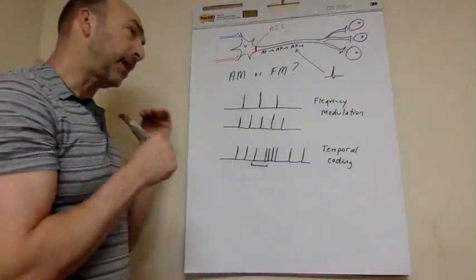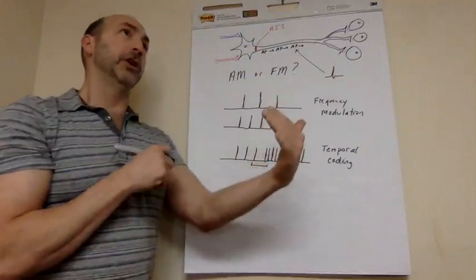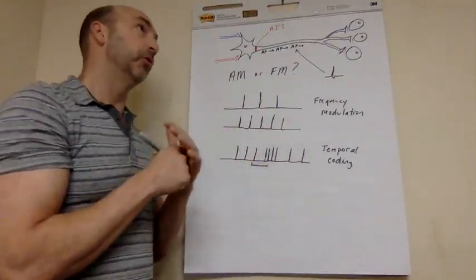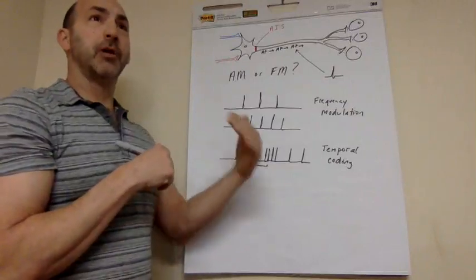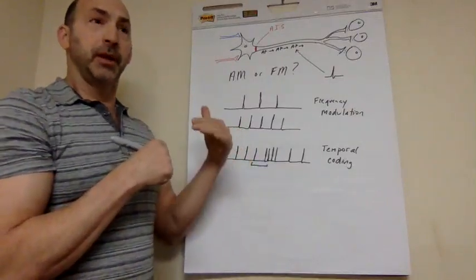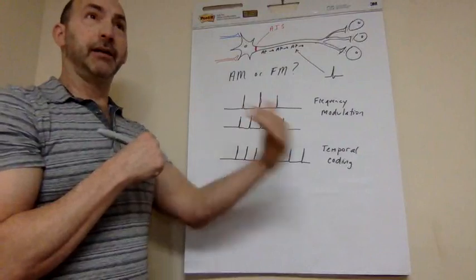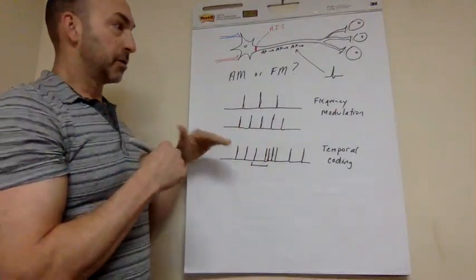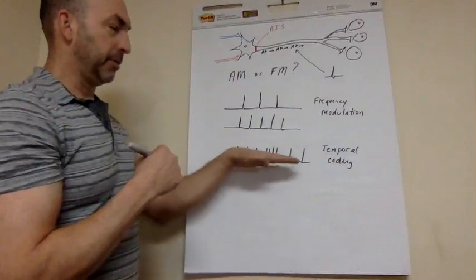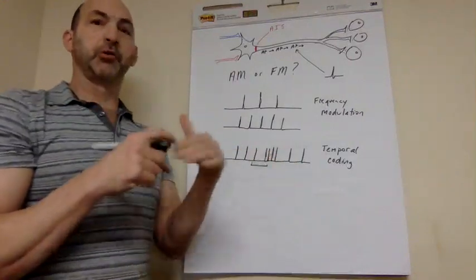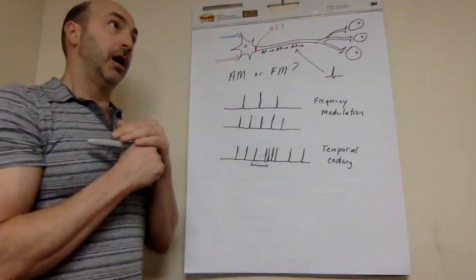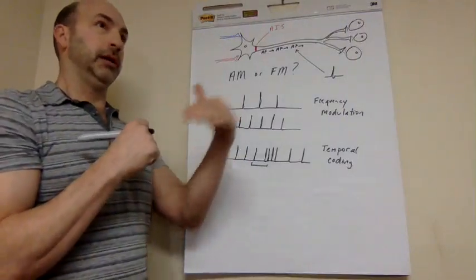Okay, there's another version, it's called population coding. I'm not going to try to draw a picture for it, it'd be hard to do. But what that means is that neurons work as groups to convey information, right? So in that scenario, it's not a single neuron generating a frequency or change in frequency, but groups of neurons acting in a population that is coding the information, right?